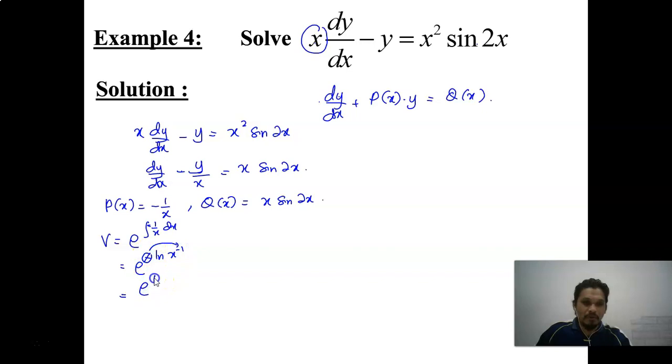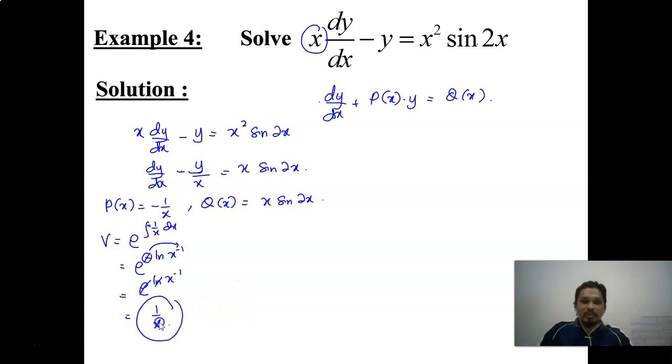So e to the power of natural log of x to the power of -1, between e and ln cancel each other, so now it becomes 1 over x. And now this is the integrating factor.